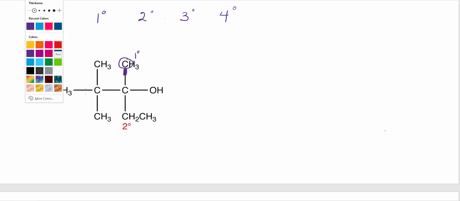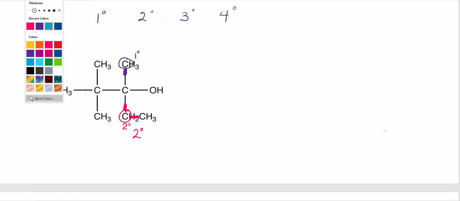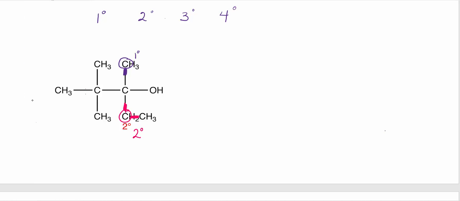I'm going to change my color briefly. So this carbon has 2 carbon-carbon bonds. There's this one and there's this one. So this is a secondary carbon. If we can find a carbon that has 3 carbon-carbon bonds, we would have a tertiary carbon. So I'm going to look at this one here. I have a carbon-carbon bond here, here, and here.